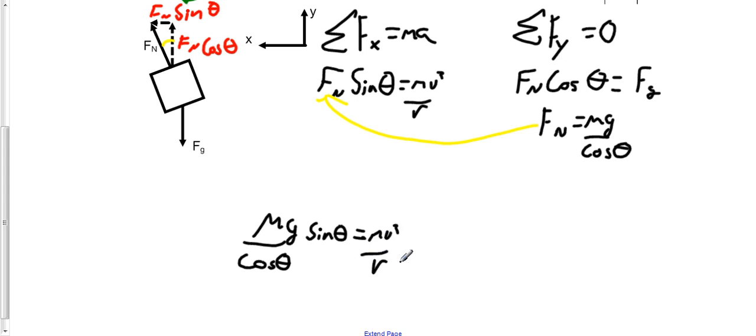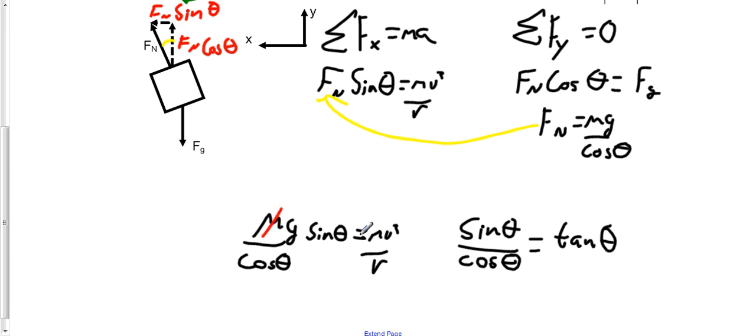A couple things to note here to make the rearranging easier. One, sine theta over cosine theta, probably the most important and basic trig identity, is equal to tan theta. That makes our life easier because it only gives us one theta as opposed to two. The other neat thing is, once again, the mass cancels out, and that's pretty significant.